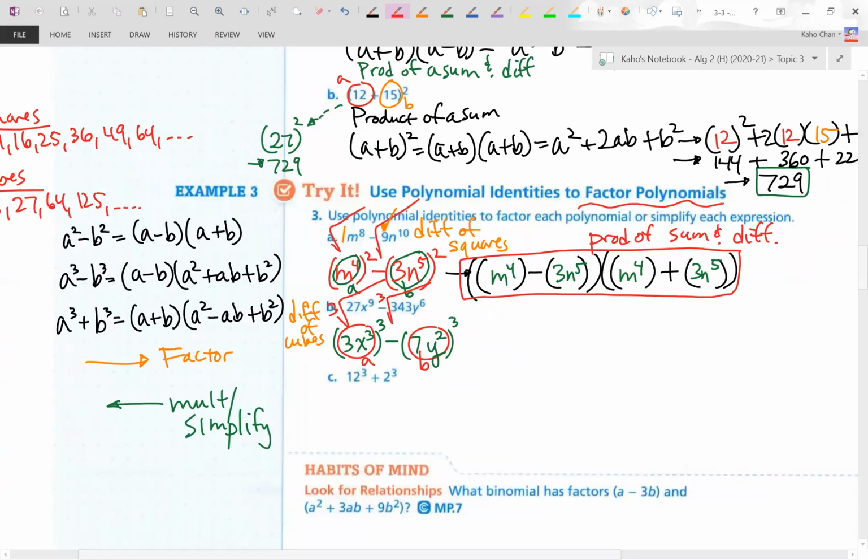We're going to put that into this formula. I know, you're not going to like the answer. The answer looks messier than the original problem.